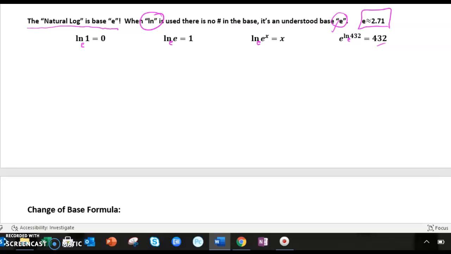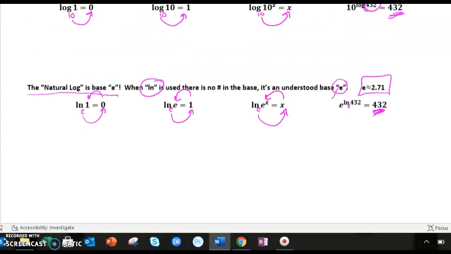They're understood to be there. So we have e to the 0 power is equal to 1. e to the first power is equal to e. e to the x power is equal to e to the x. And once again, the Nike rule. Just do it. There's no work to it.